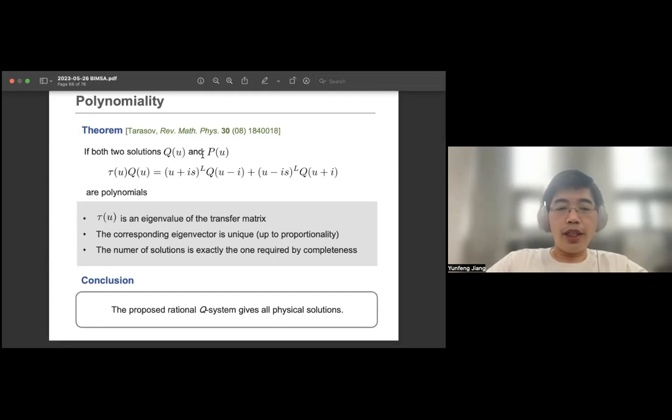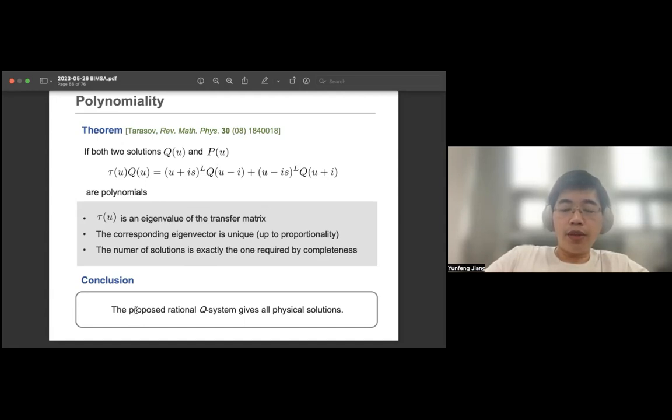But anyway, let's believe that Tarasov's proof is correct. Basically his theorem says the following: if both solutions, QU and PU, to the TQ relation are polynomials, then first of all, tau U is an eigenvalue of the transfer matrix. Second, the corresponding eigenvector is unique up to proportionality. And third, the number of solutions is exactly the one required by completeness.